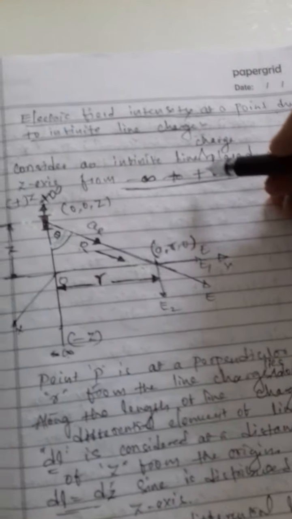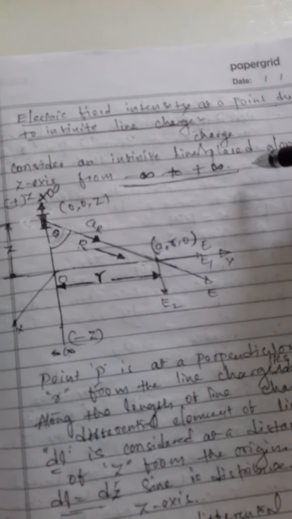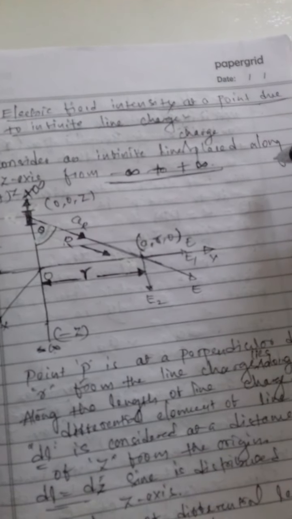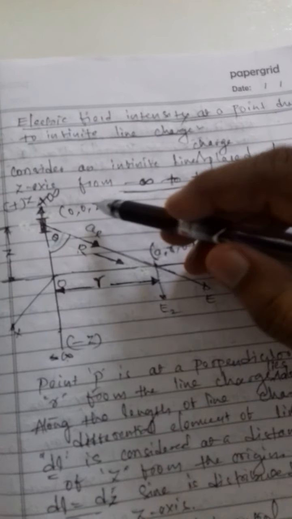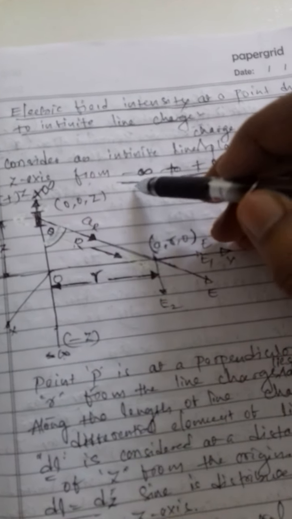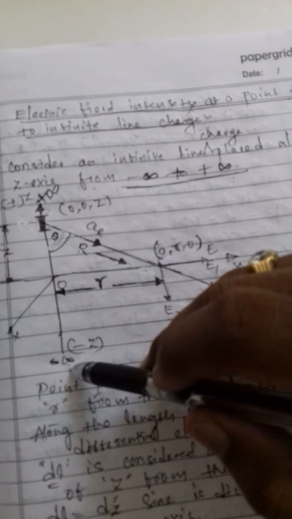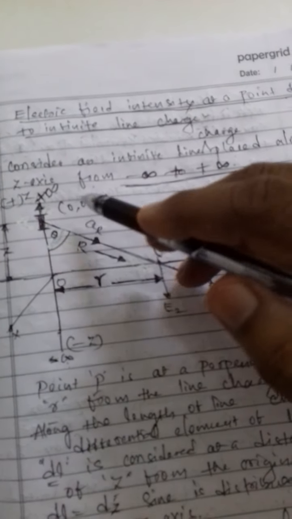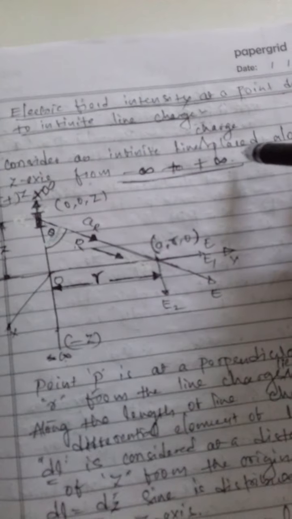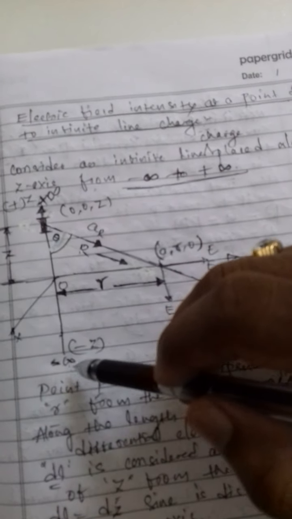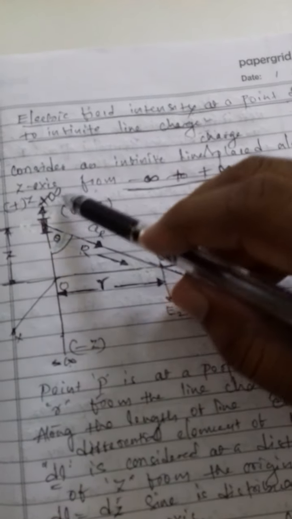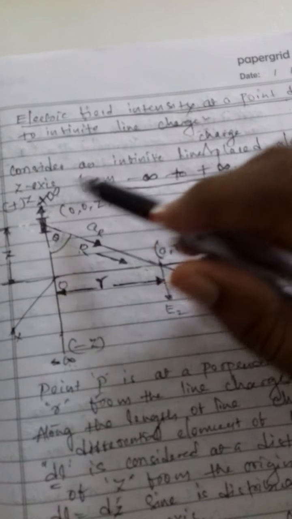Consider an infinite line charge placed along the z-axis from minus infinity to plus infinity.